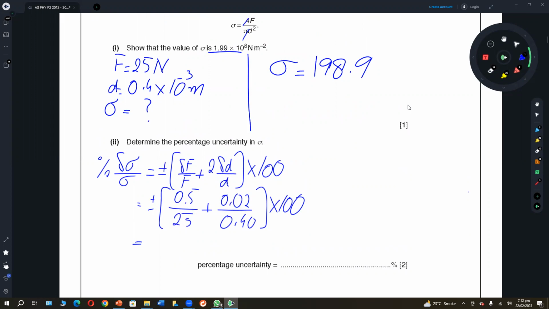As there was a square, this whole thing will be multiplied by 2. Sorry, I have written 2 in the above bracket, but forgot to write it in the second. Correct. It has to be 2 into it. I can first solve the bracket and then multiply it by 2. All right, you can do that, but it's very simple. It will become 0.04 upon 4, 0.4. So if you want, you can do that.